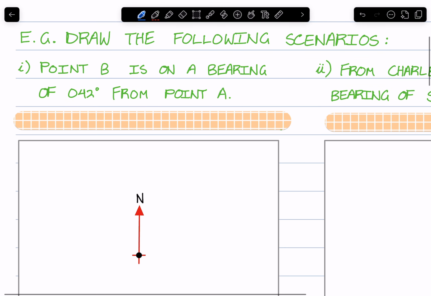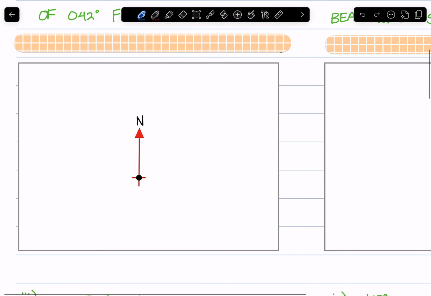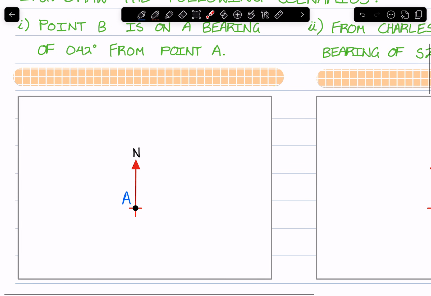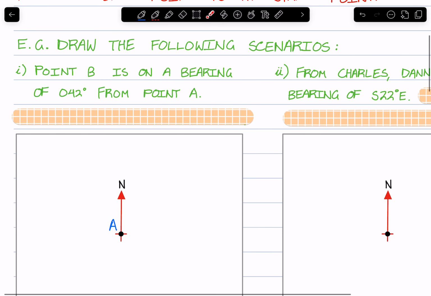So it says here, point B is on a bearing of 42 degrees from point A. So just from the wording, from point A, that is our start point. So we say that the center of this compass is point A. And it's saying that point B, so from this point, we are going to turn 42 degrees.